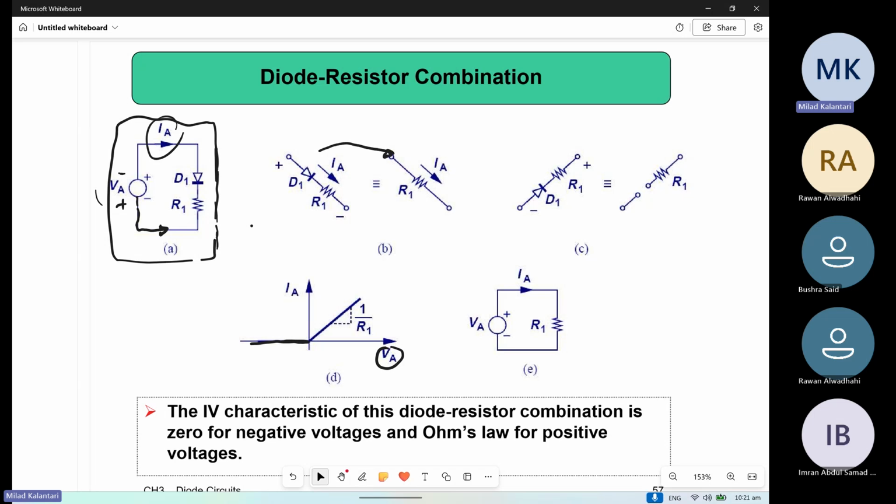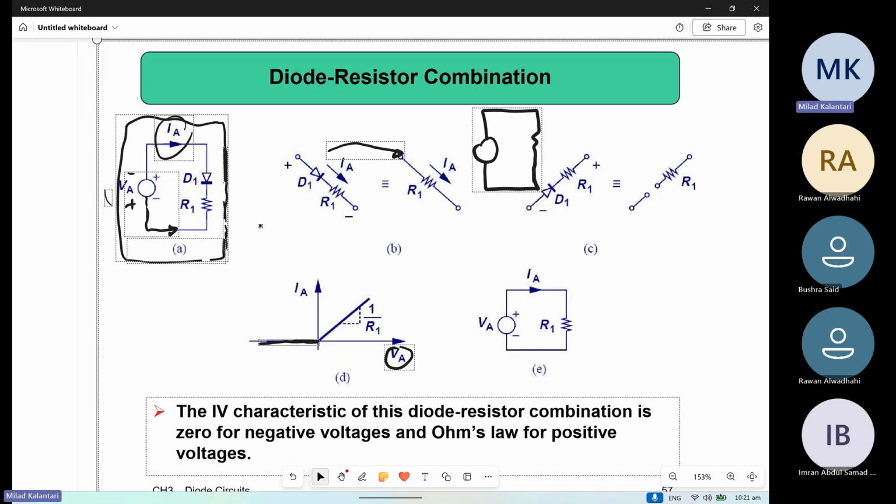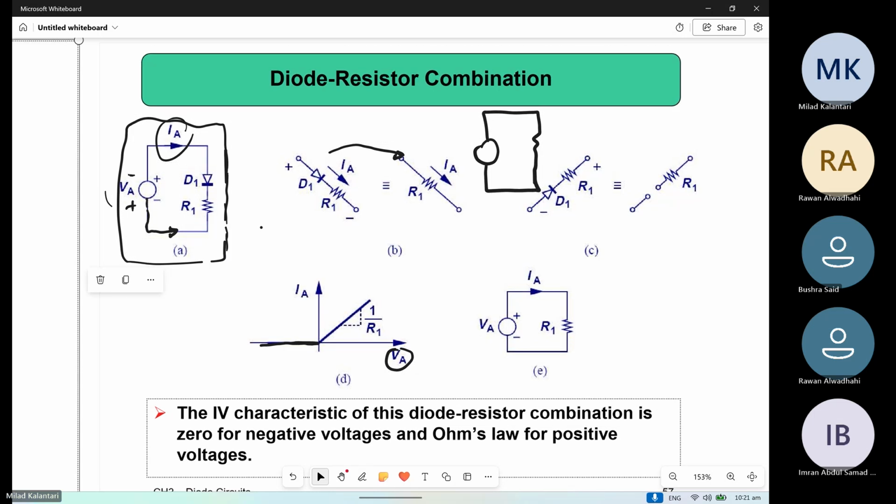It's just like a short circuit. Then your circuit will be simplified to a voltage source VA, the current IA, and this resistor R, or R1. So what is the IA versus VA parametrically?